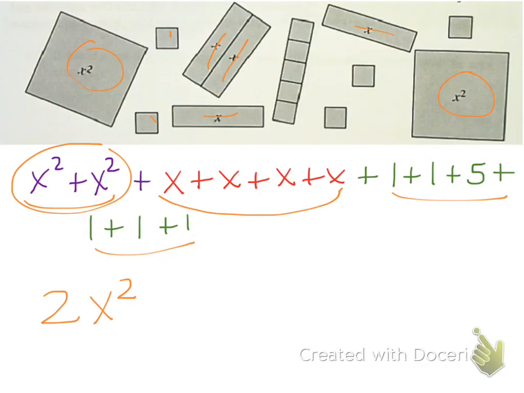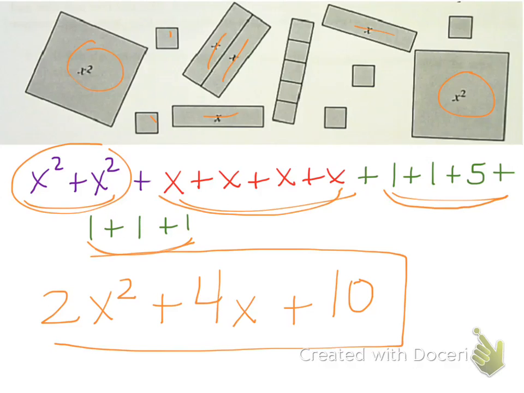I have 4 x tiles, so I would write 4x because I have 4 x's. And then my unit tiles, 1 plus 1 plus 5 is 7, plus another 3 is 10. So this is 2 ways that I could represent these algebra tiles. And right now I'm showing you combining like terms. So we would say that this is the simplified expression.